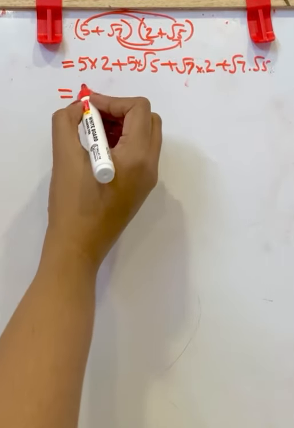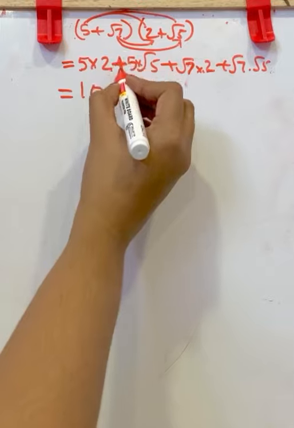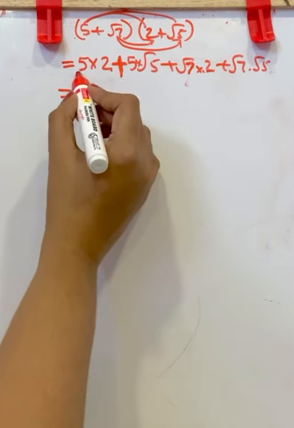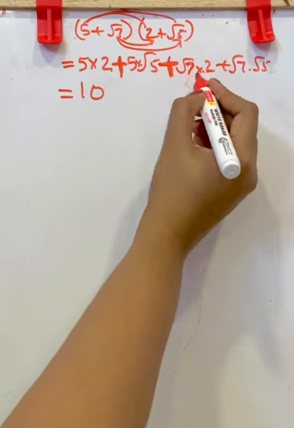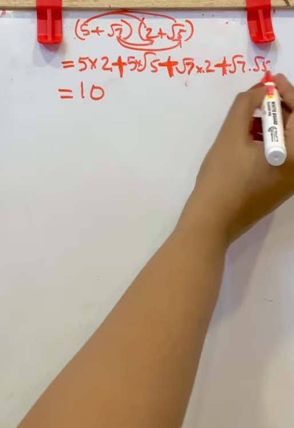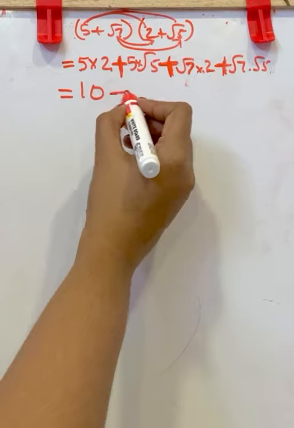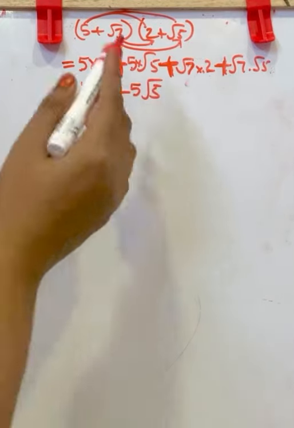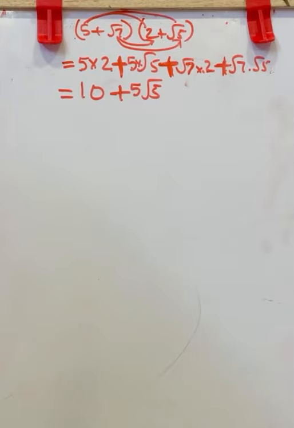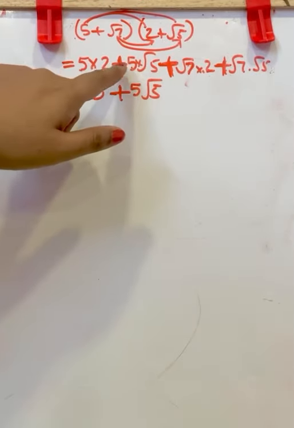Now 5 2s are 10. How many terms can you find here? First term, second term, third term and fourth term. So 5 2s are 10 plus 5 into √5, it is 5√5. You can't say it as √10 because one is inside the root and one is outside the root.